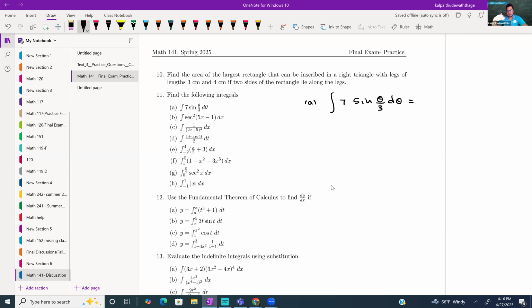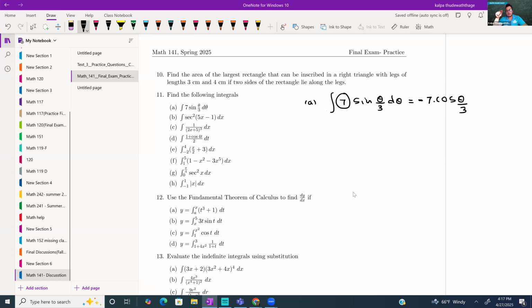So the integration of sine is negative cosine, because the derivative of cosine is negative sine. So it's cosine theta over 3. The 7 is just a constant. You can take it out from the integration, so 7 stays like that. But think about that. If you differentiate that, you get negative sine, so it should be negative.